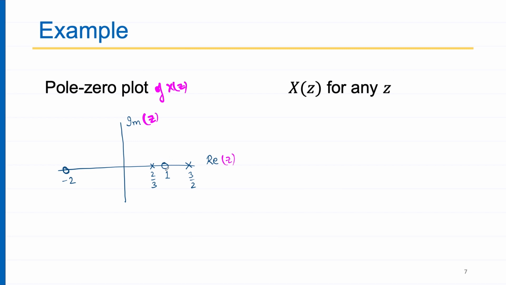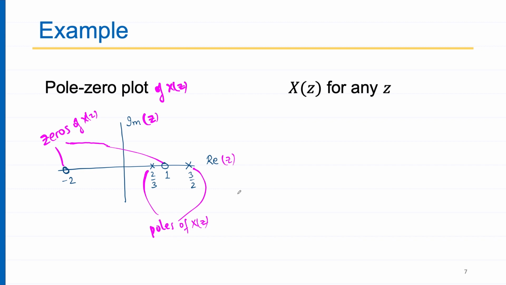I represent that with a circle, and similarly at minus 2 it's a circle. These are the zeros of X(z). And the roots of the denominator, 2 by 3 and 3 by 2, are the poles of X(z). So we represent the poles with a cross and zeros with a circle.